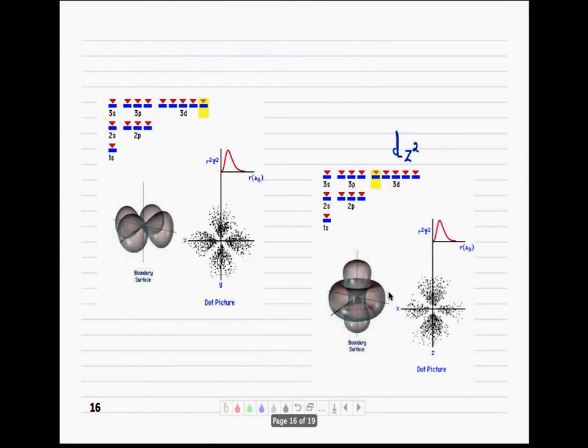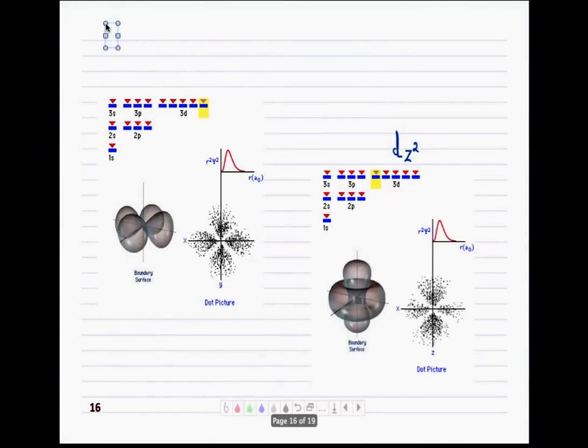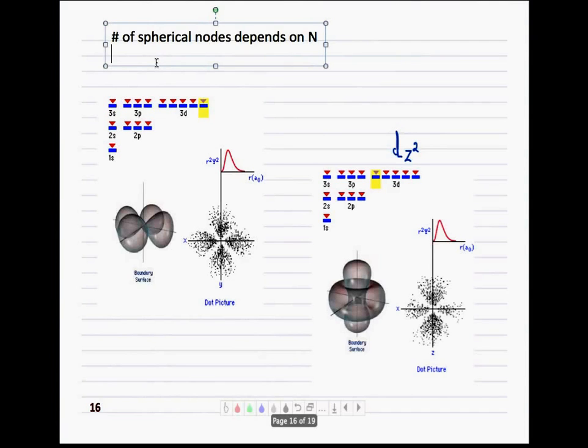So spherical nodes: the number of spherical nodes depends on the principal quantum number, and is equal to n minus 1.